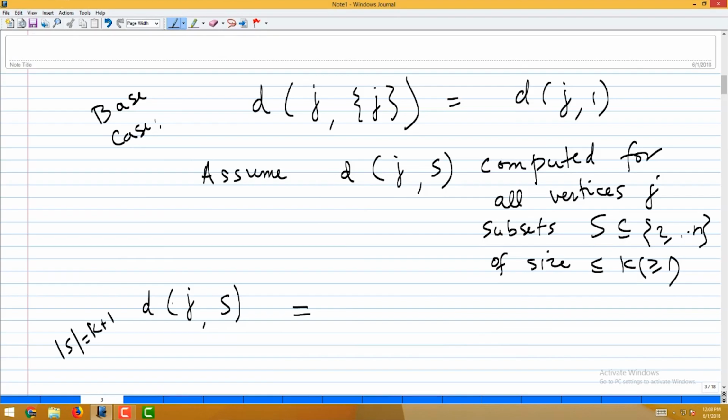So, this is equal to: I want to start from j, visit all vertices of S and go back to 1. Can you tell me how? Everything is a neighbor, it is a complete graph.